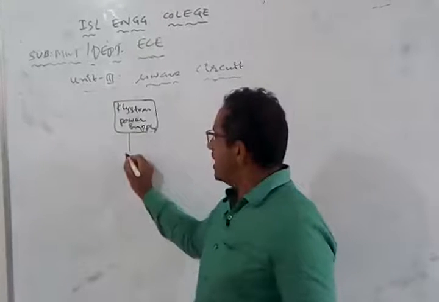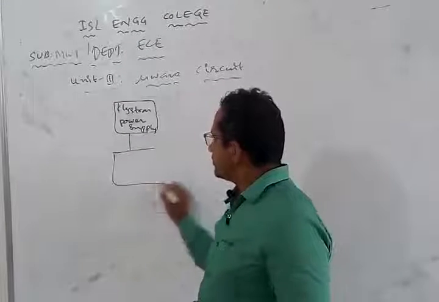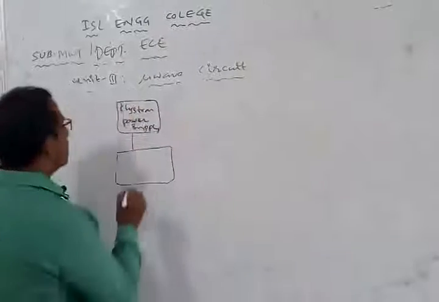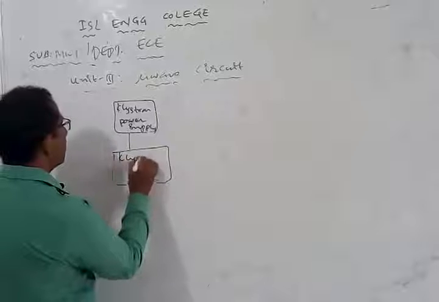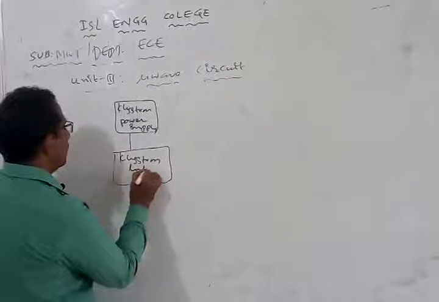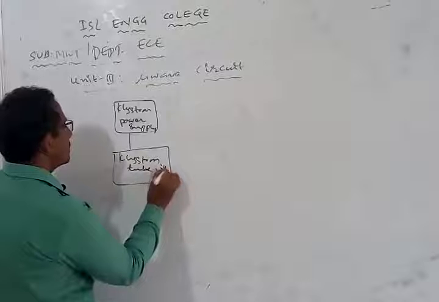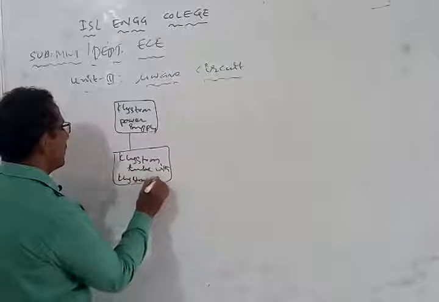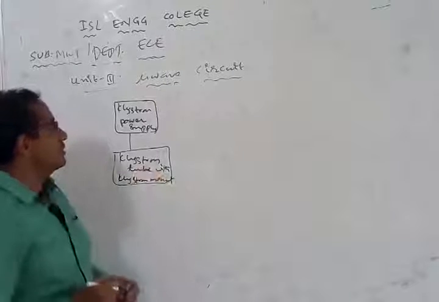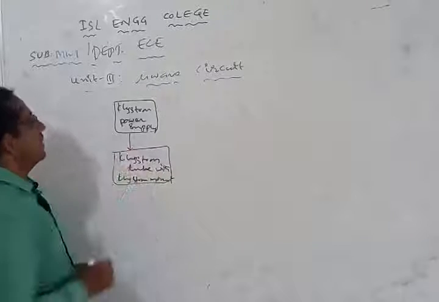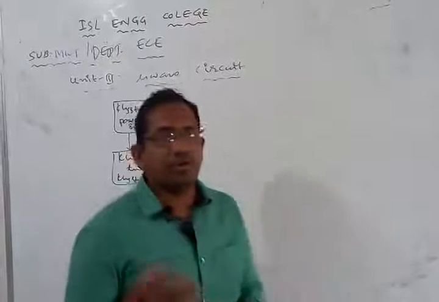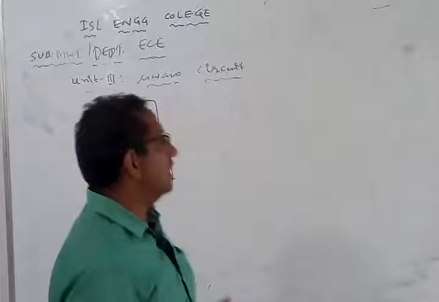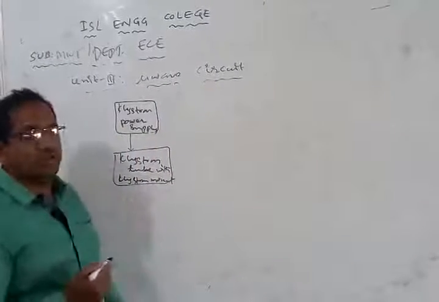Now this DC power supply is applied to a klystron tube with mount. You are going to have a klystron tube with a klystron mount. The klystron power supply supplies power to the klystron tube, which can also be called an oscillator.